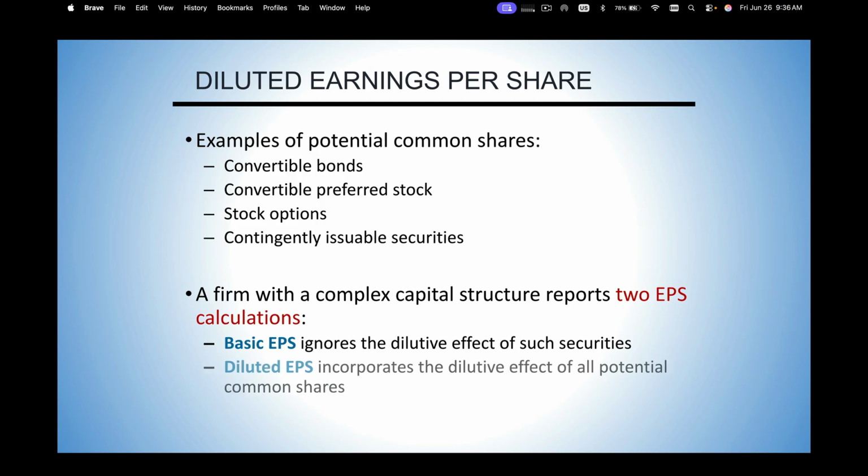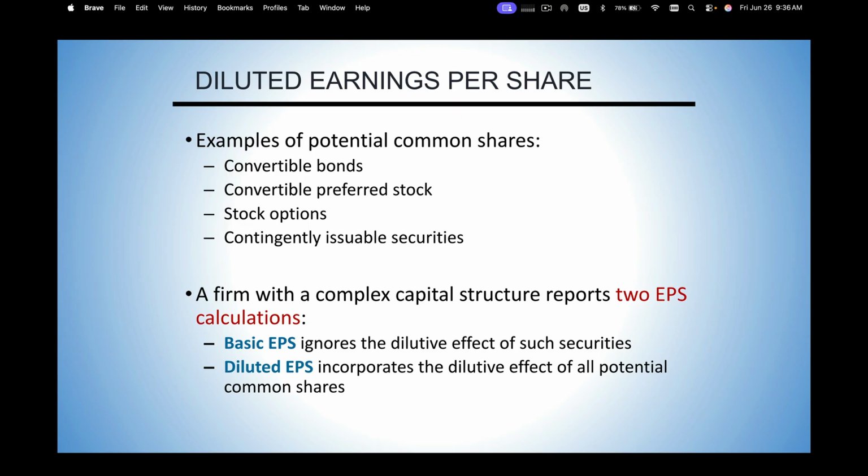They also must include diluted earnings per share to the extent that it dilutes, that is, reduces earnings per share. If you have potentially dilutive securities, but they do not reduce earnings per share, you do not include them in the calculation.